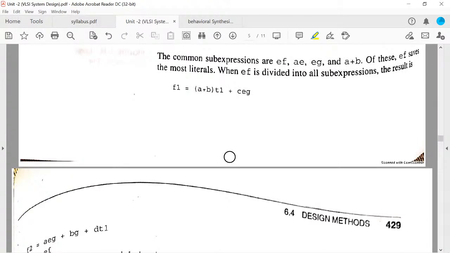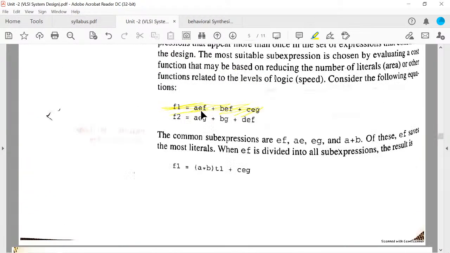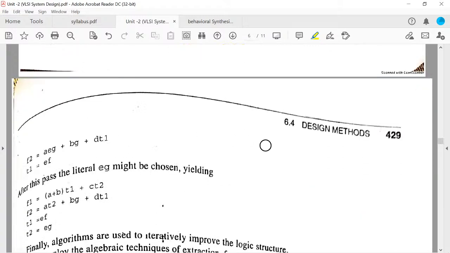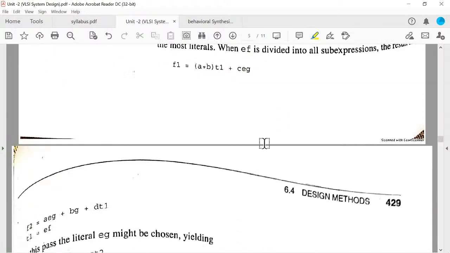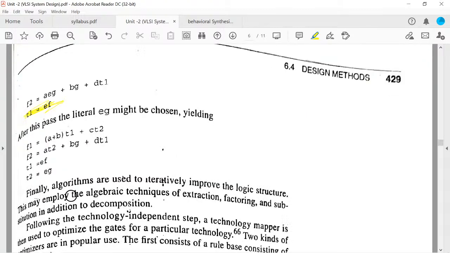In the second function ef is also present, so we represent it by using this t1 as well.